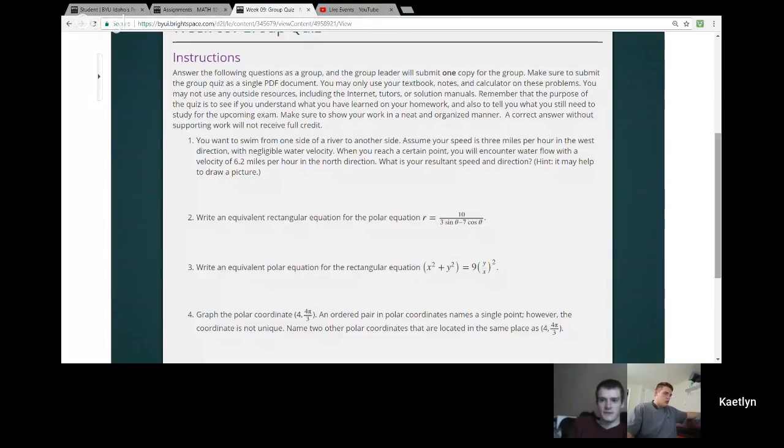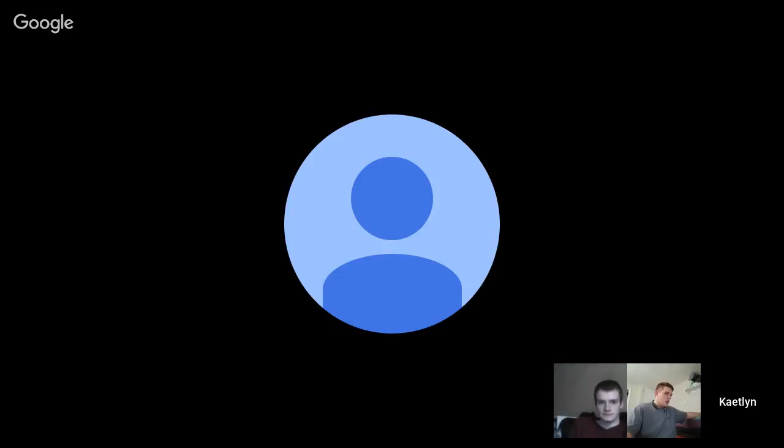Polar equation. Write an equation for the what? Yeah. We did this in the homework, but we went forward. Yep. We did this in the homework assignment.